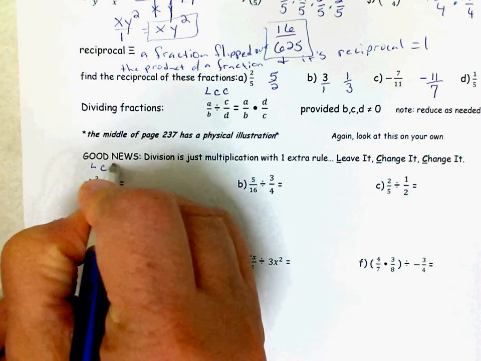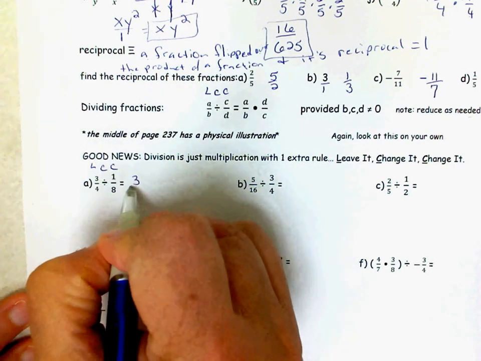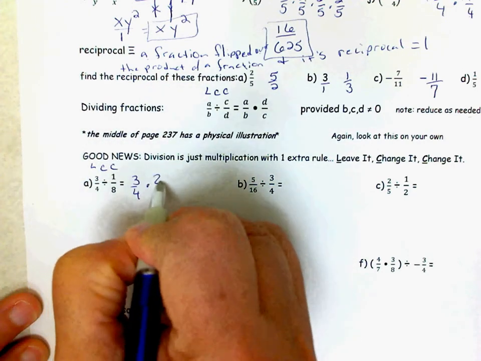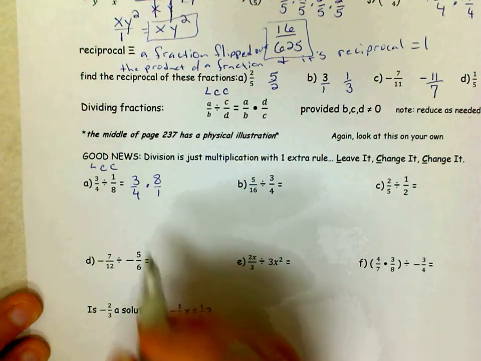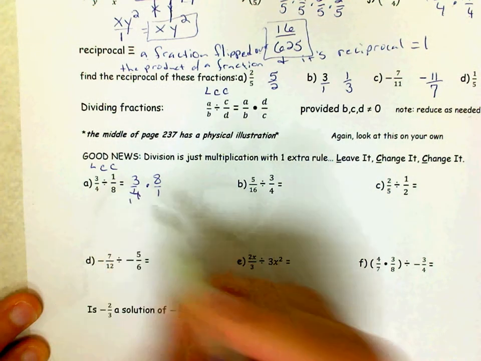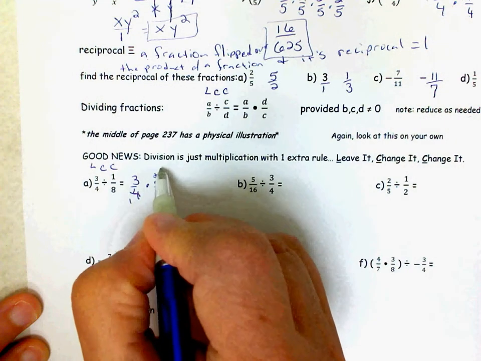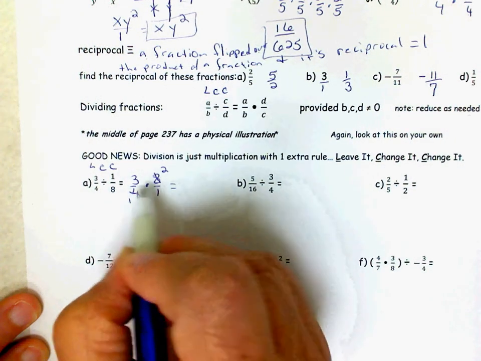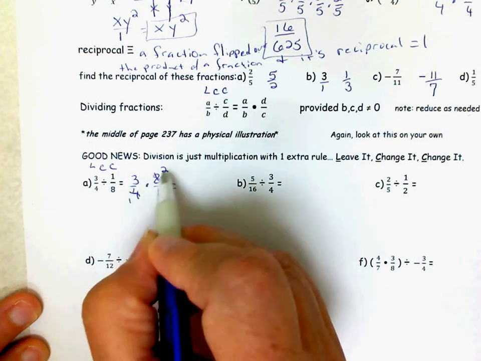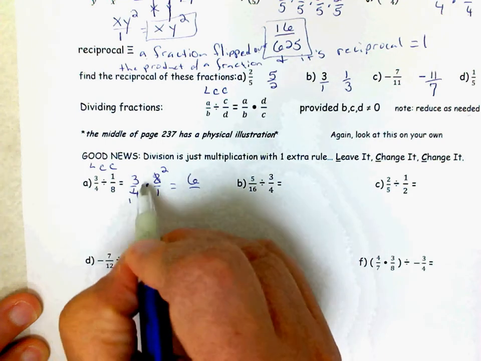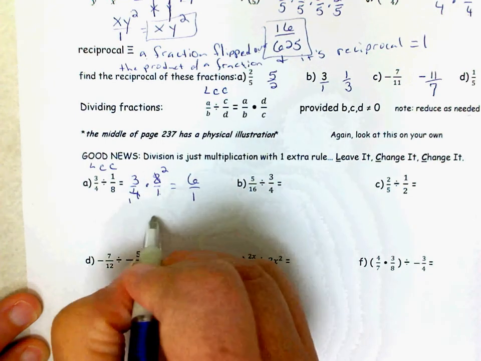So it gives us 3/4 times 8/1. Then 4 goes into 4 once and into 8 twice. And that leaves us 3 times 2, which is 6, over 1 times 1, which is 1. So that just leaves us with a 6 as our answer.